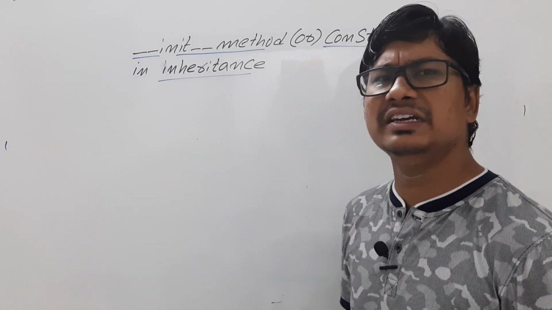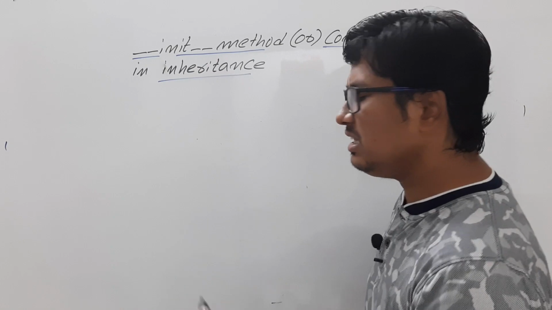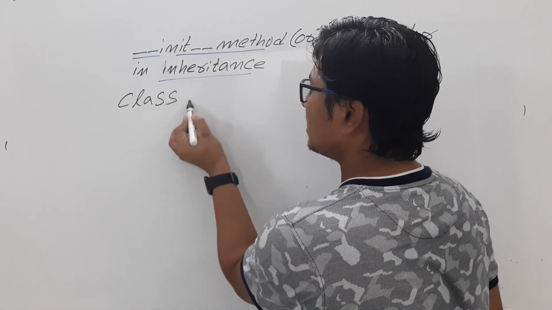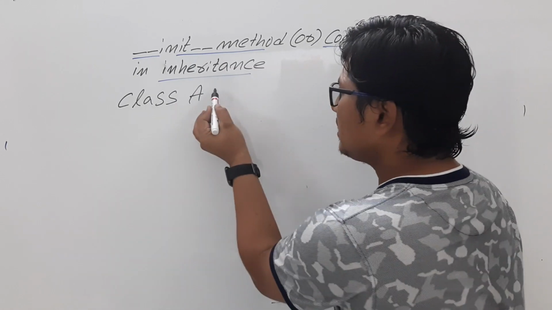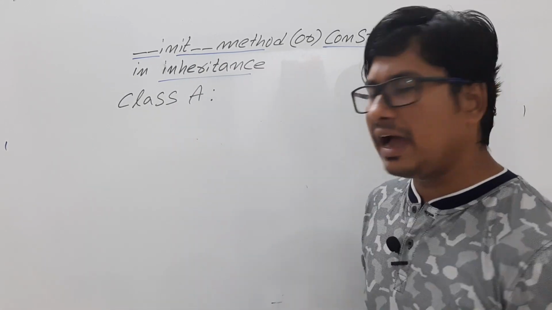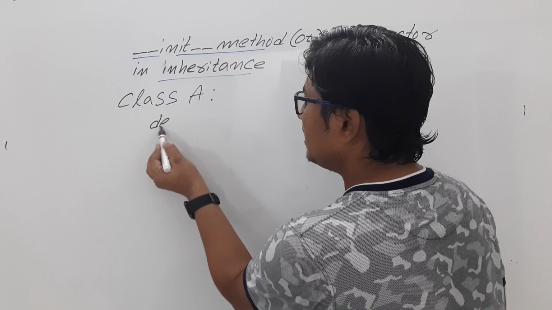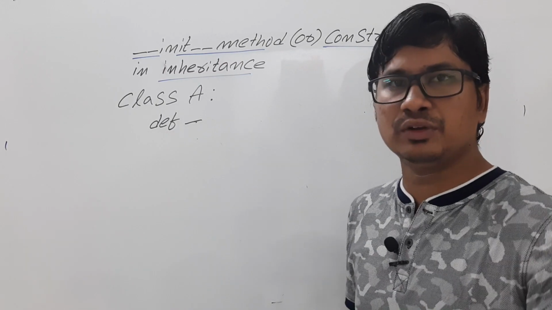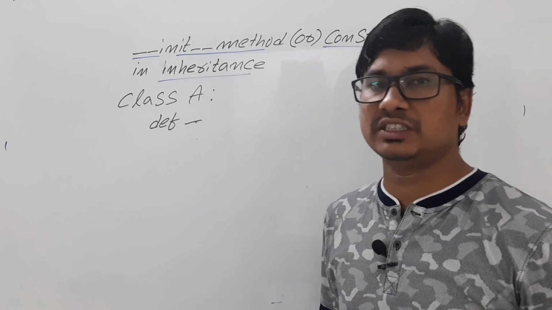Now coming to single level inheritance. In single level inheritance, let's take that I have a class A. In class A, I have defined an init method. What is the purpose of the init method? It is useful for you to initialize the object state.